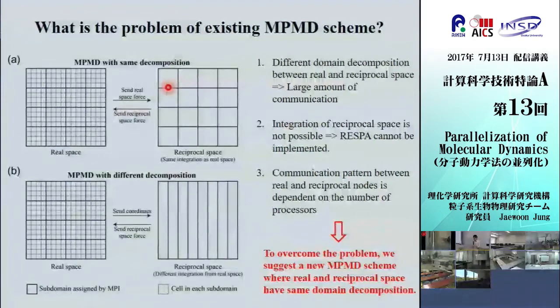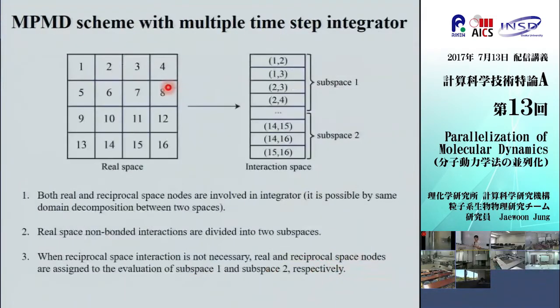So, to work even though there is no FFT, we divide the real space interaction into two interaction spaces.